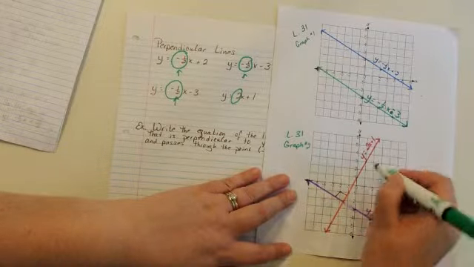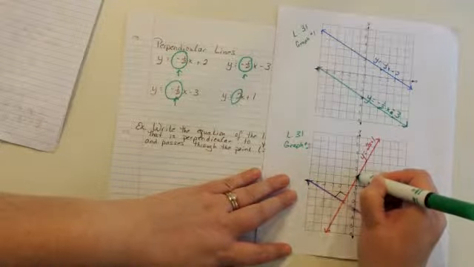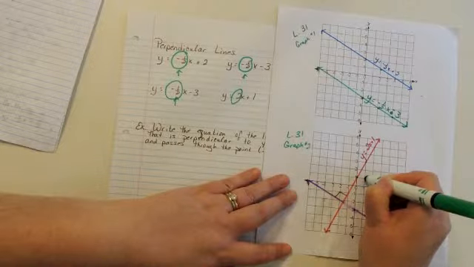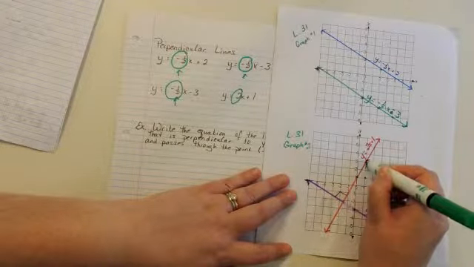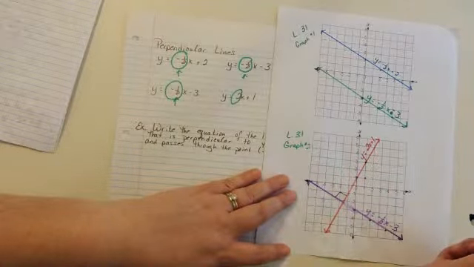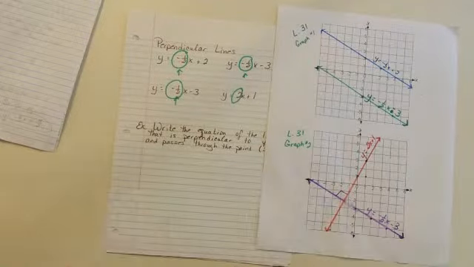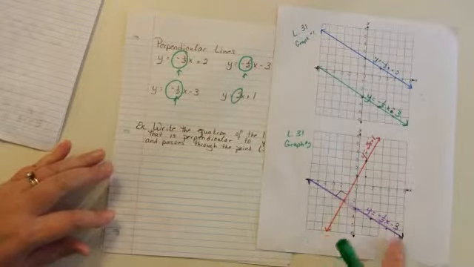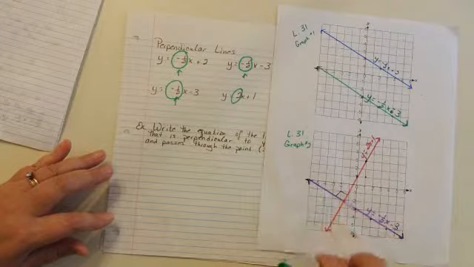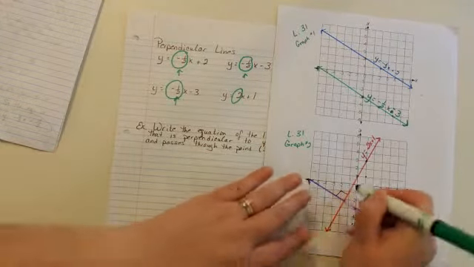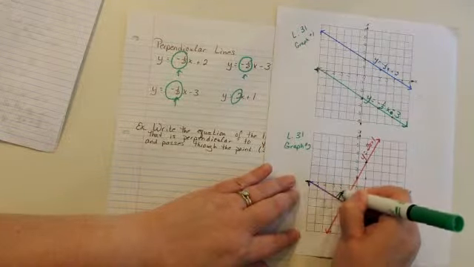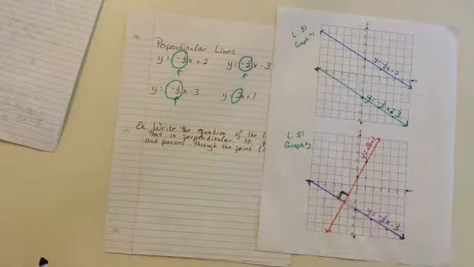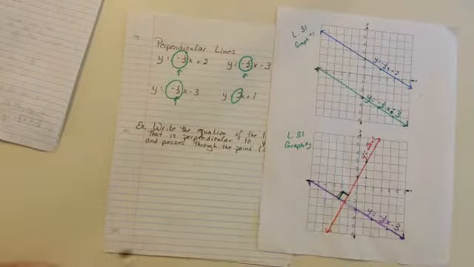Our y-intercept is at positive 1, and where x increases 1, y increases 2. So we have the reciprocal and a negative sign: this was a negative slope, and this one's a positive slope. Because they are perpendicular, these two lines meet at a right angle.